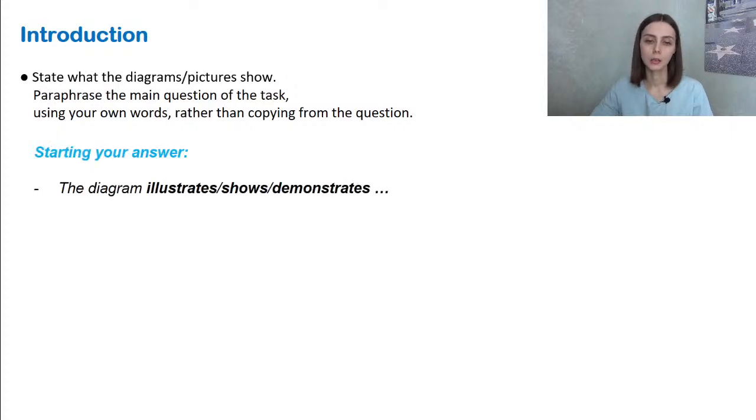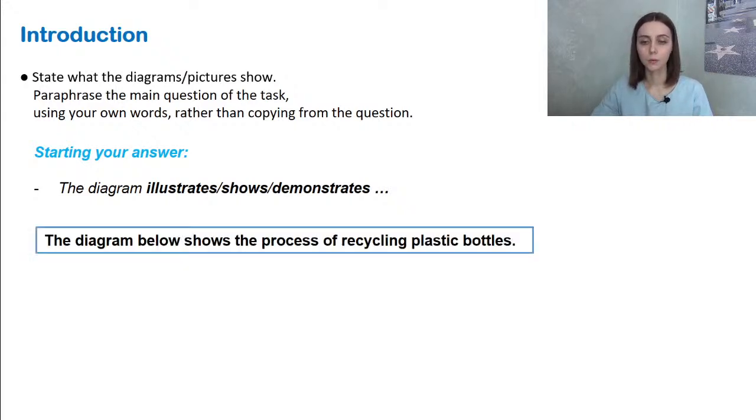Start your answer with: the diagram illustrates, shows, or demonstrates. Even if it's the description of a process, they still call it the diagram. This is what we had in our task: the diagram below shows the process of recycling plastic bottles.